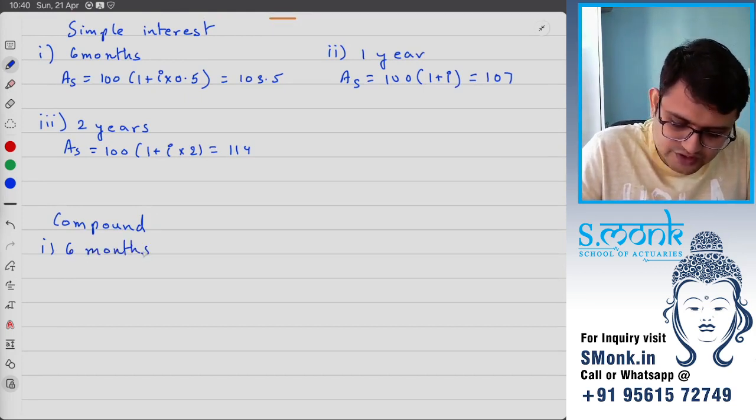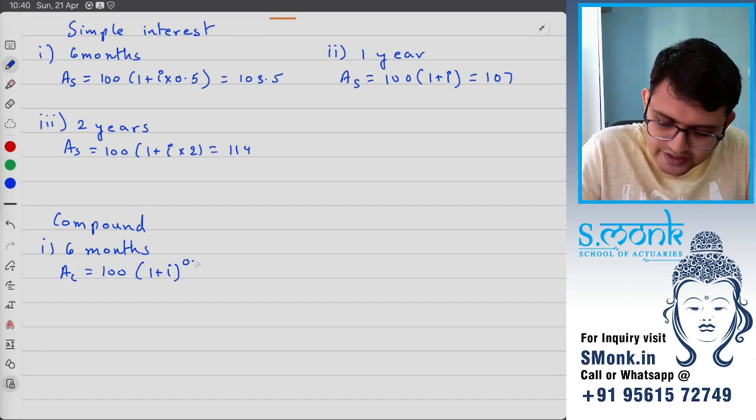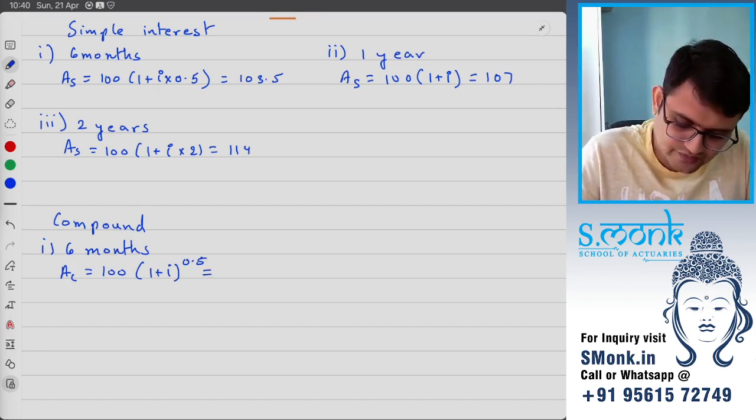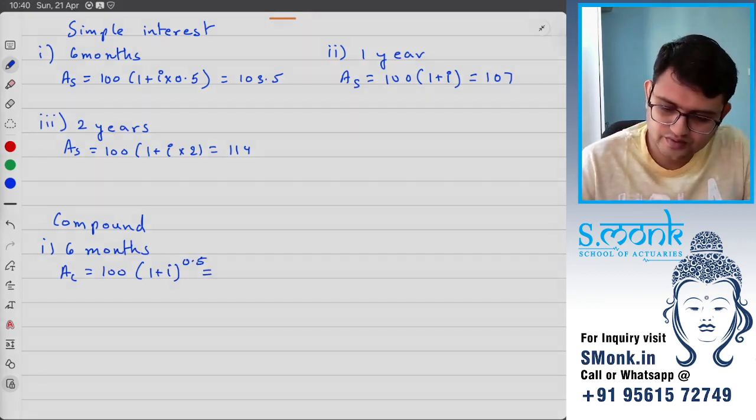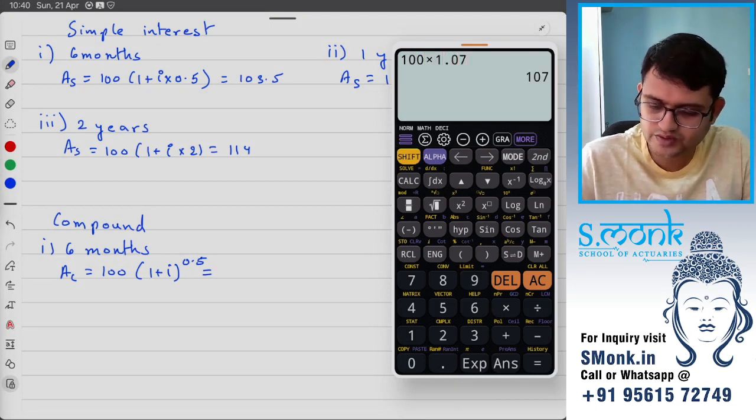In compound, if you're talking about 6 months, we'll say it is 100 into 1 plus I raised to, again write it in years, so 0.5. 100 into 1 plus I is 1.07, and then raised to 0.5.